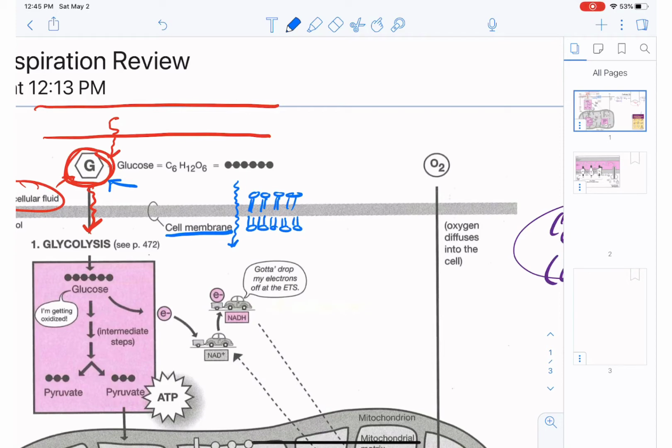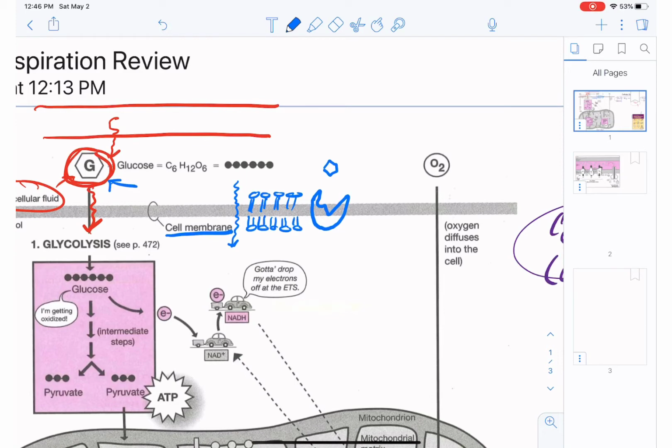So what do we have to have in the plasma membrane to get that across? We have to have a carrier protein. So I'll try to draw a carrier protein here. And there's our glucose molecule.